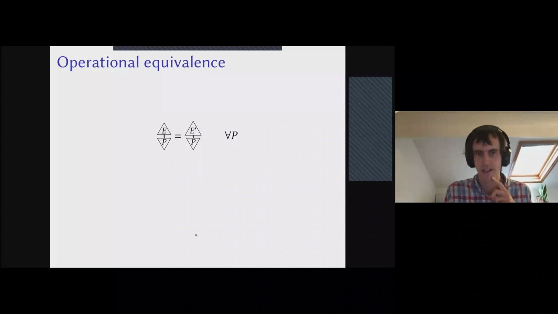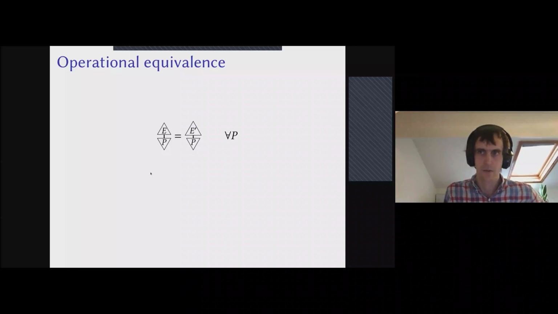The notion of noncontextuality is based on the idea of operational equivalence. For example, I might have some measurement outcome E and another one E primed that give the same probability. Remember, when I close a diagram like this, it just means a probability. So E and E primed give the same probability on all possible preparations P. Then we say that E and E primed are operationally equivalent.